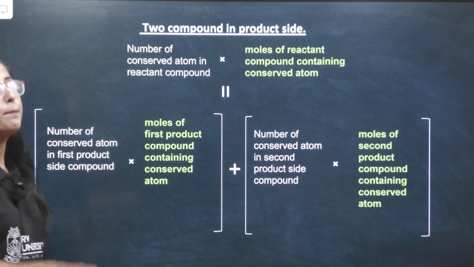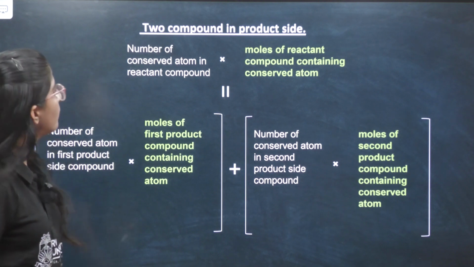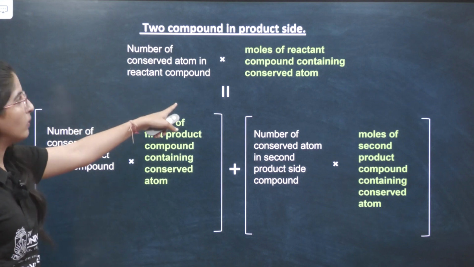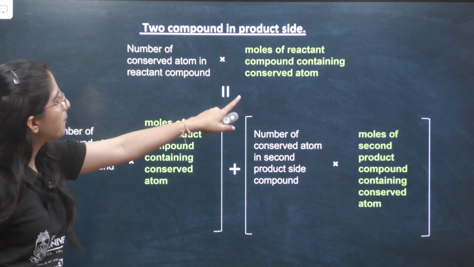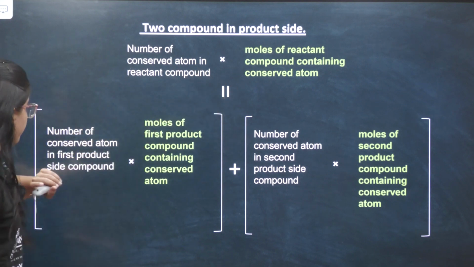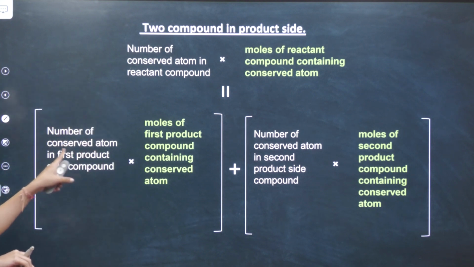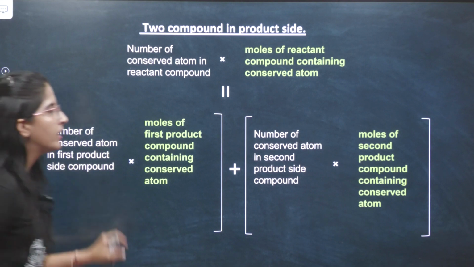Okay, let's see. If 2 compounds on the product side are given, then what do you have to do? The number of conserved atoms in the reactant compound, times the moles of the reactant compound containing the conserved atom. Then on the opposite side you will take the number of conserved atoms in the first product compound.